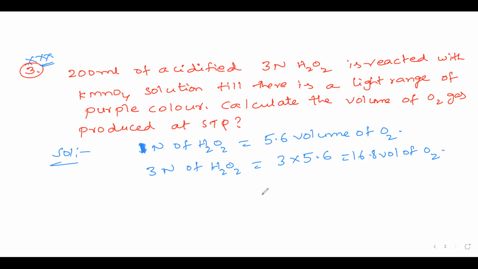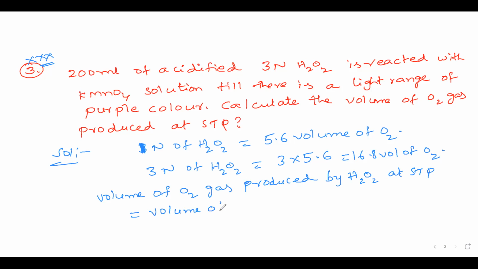Volume strength of oxygen is nothing but the volume of oxygen gas obtained. So the volume of oxygen gas produced by H2O2 at STP is equal to the volume of hydrogen peroxide into the volume strength of hydrogen peroxide.